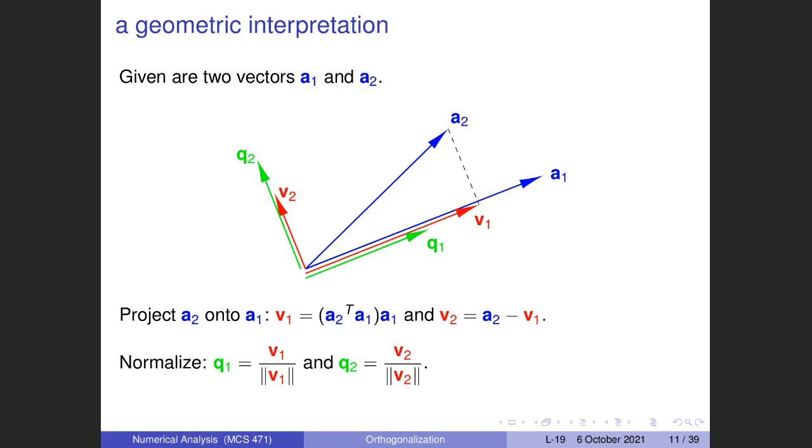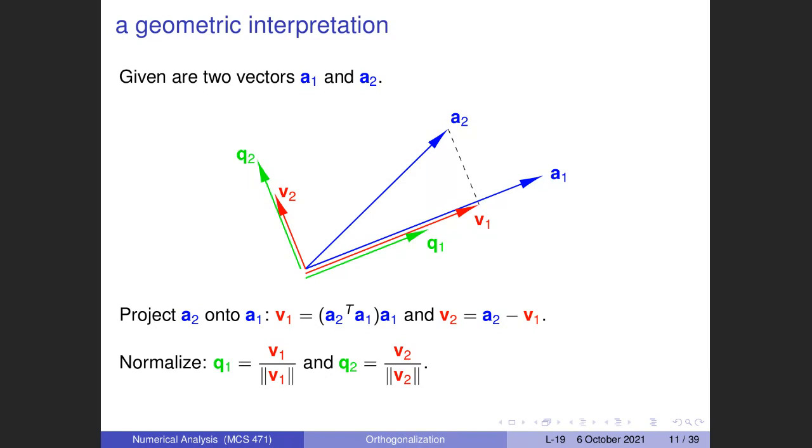So then there is still one step, and that's the normalization. So the formulas in the previous slide do the operations: the normalization of A1 first, and then one works with Q1, and then one computes the projection, and then one normalizes again.